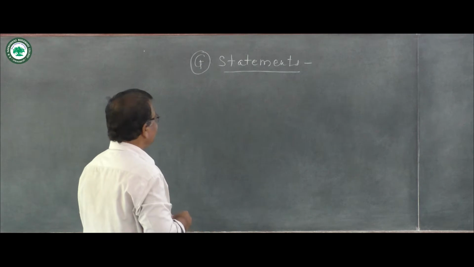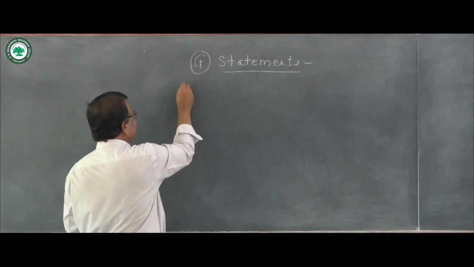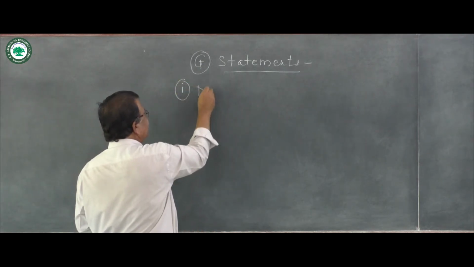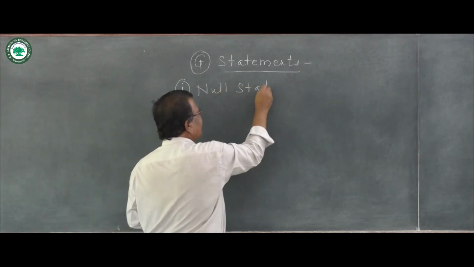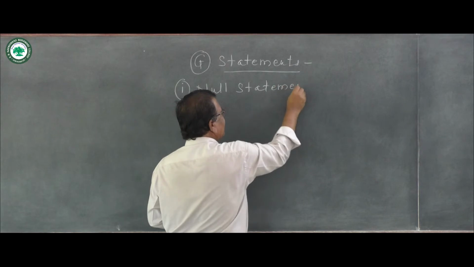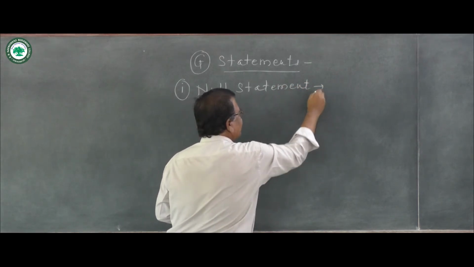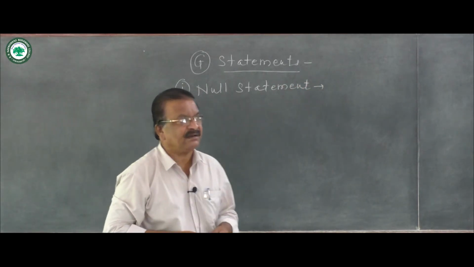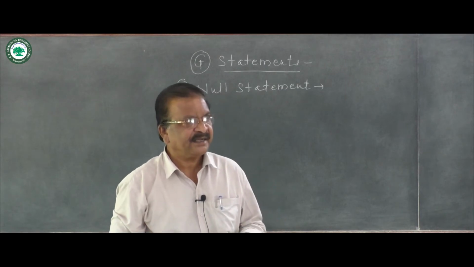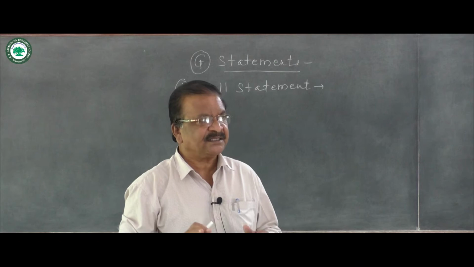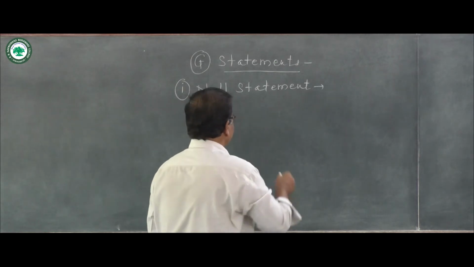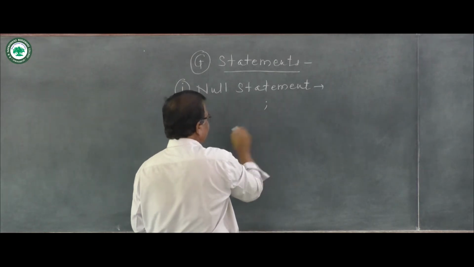There are various types of statements. The first type of statement is null statement. As its name indicates, null, nothing is there except single character semicolon. Single character semicolon is called as null statement.